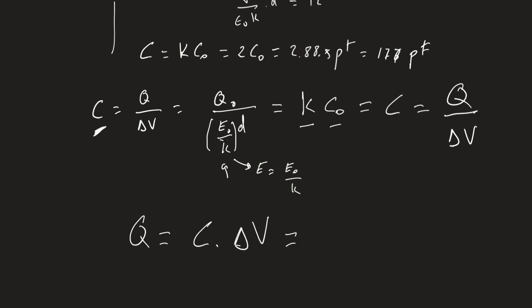The new capacitance is the old capacitance times K, multiplied by delta V. So the charge increases by a factor K: K times Q0, or C0 times delta V. The charge that you have to place is K times Q0.